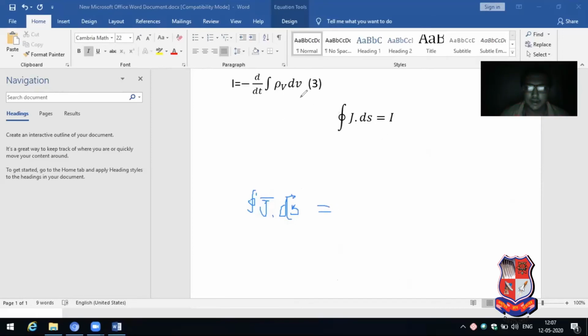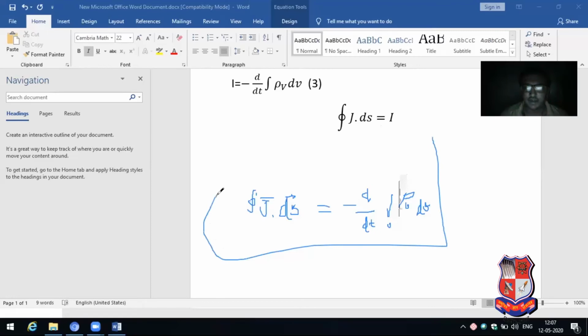Just compare, and write the two equations with the help of equality. See, this is the continuity equation, the integral form of the continuity equation.